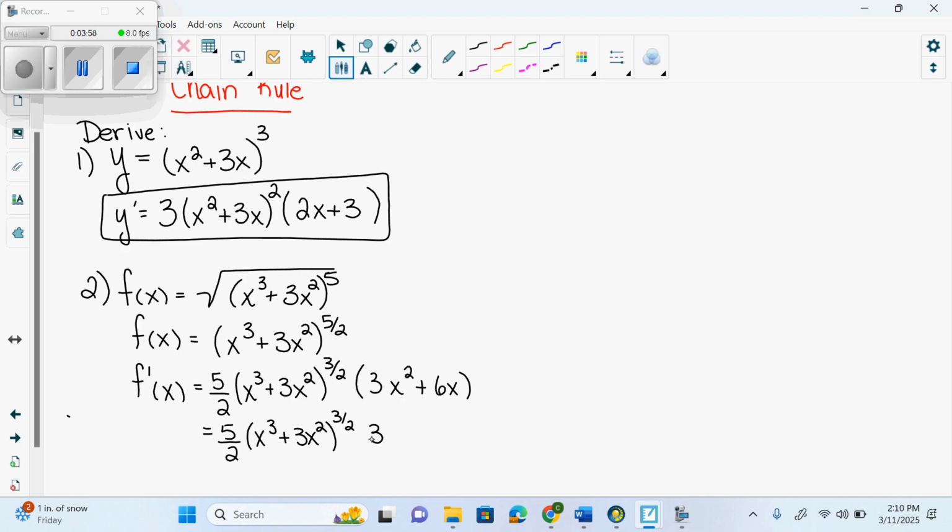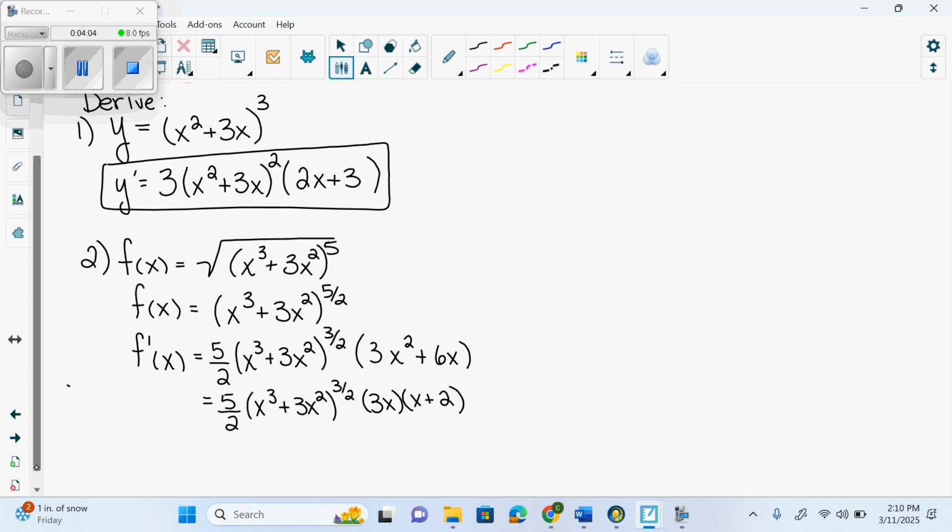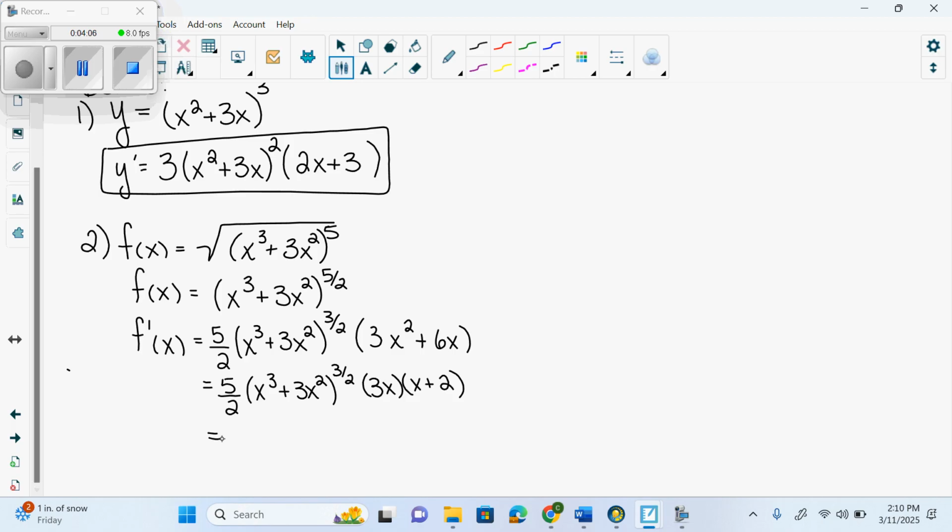Then we take a 3x out, and we're left with x plus 2. And so we get 15x all over 2, x plus 2, x cubed plus 3x squared to the 3 over 2.